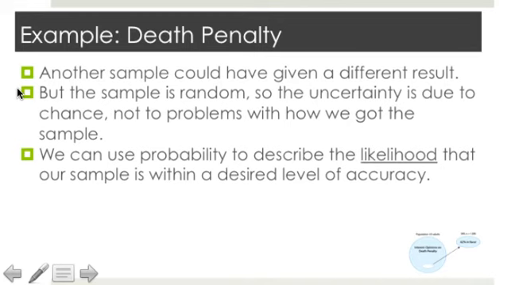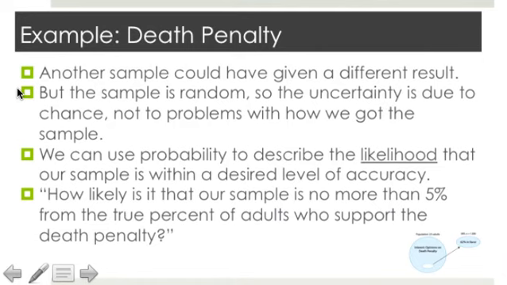And we can use probability to describe the likelihood that our sample is within a desired level of accuracy. So, for example, we can ask a question like this. How likely is it that our sample is no more than 5% from the true percent of adults who support the death penalty? That's the kind of question we'll be able to answer with probability.